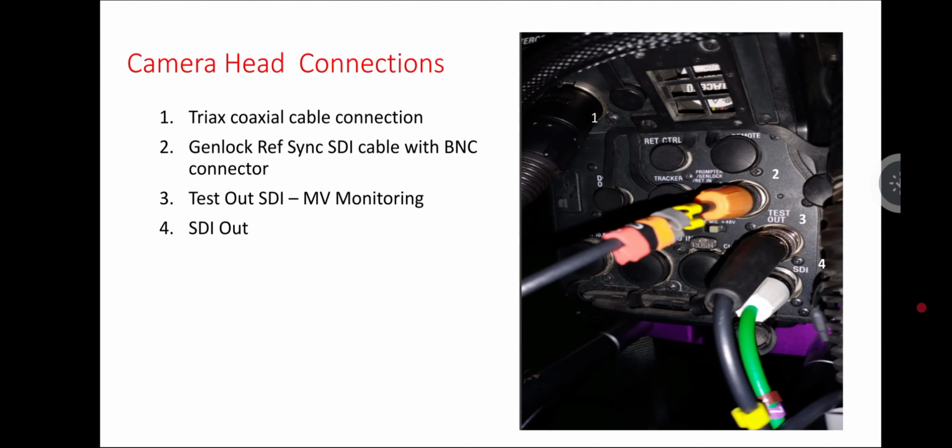The second is your Genlock reference signals, SDI cables with BNC connectors, and test out SDI is also the output for multi-viewer monitoring, and the green cable, okay, SDI, that is also your SDI out.